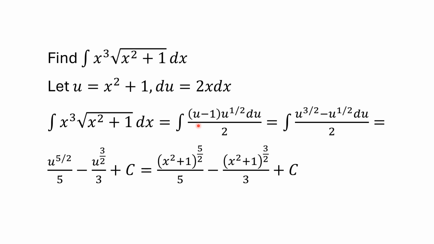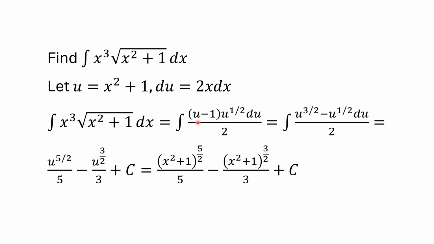And this causes difficulty. I remember teaching calculus and getting to problems where you don't get the u, but you get an expression for x in terms of u. So I have (u minus 1) times u to the 1/2, over 2, the integral of that du.